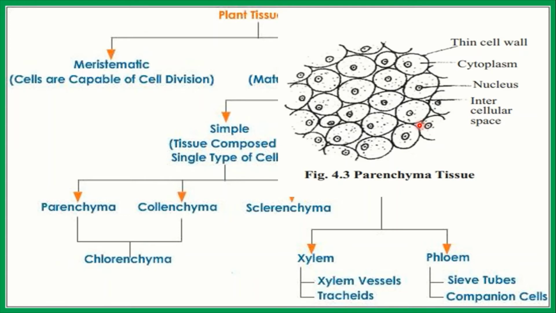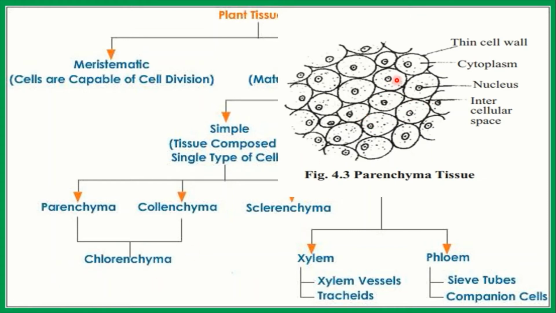The cell wall is thin because it is composed of only cellulose, and in between two cells there is an open space called the intercellular space. When chloroplasts are present in this type of cell, it is called chlorenchyma.